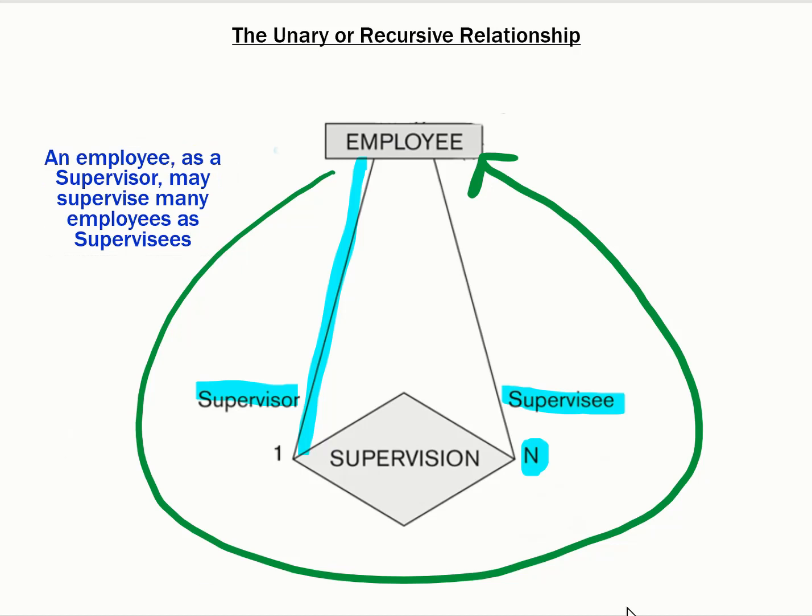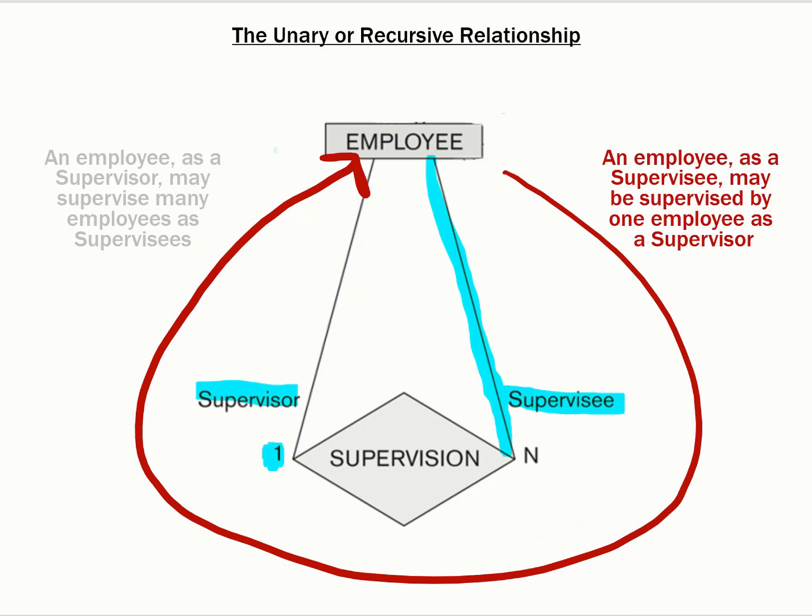So in effect, this sentence should now read, an employee as a supervisor may supervise many employees as supervisees. Notice that there is still only partial participation, which is to be expected. Not all employees will be a supervisor.